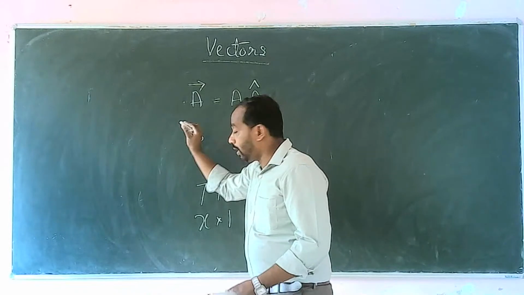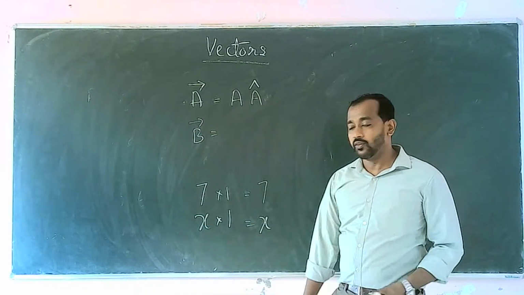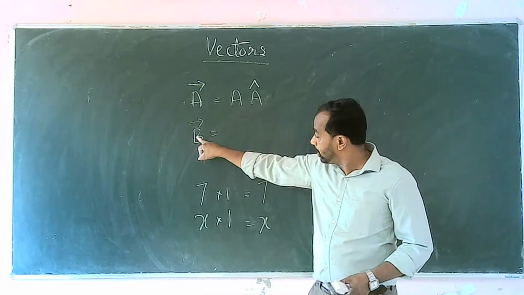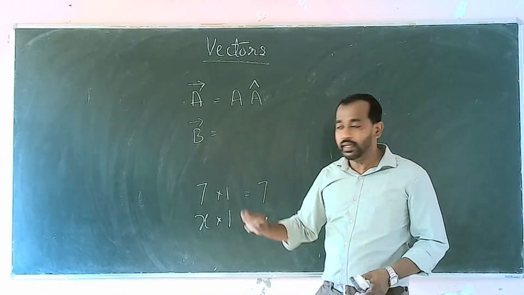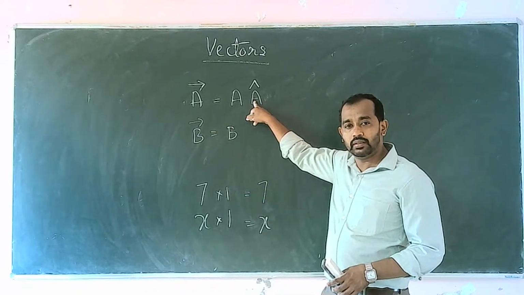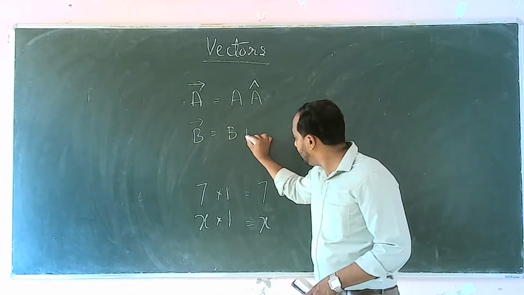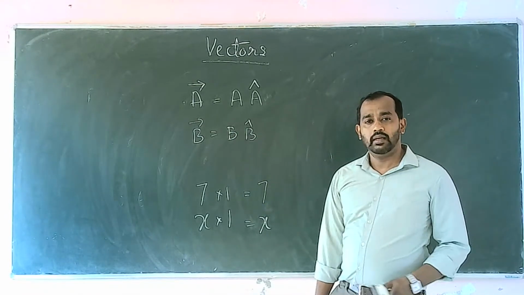If we need to write the vector B in the same form, how do we do that? It will be equal to the product of the magnitude of vector B, which is represented as B, into the unit vector representing the direction of B. Hence, it will be represented as B cap.